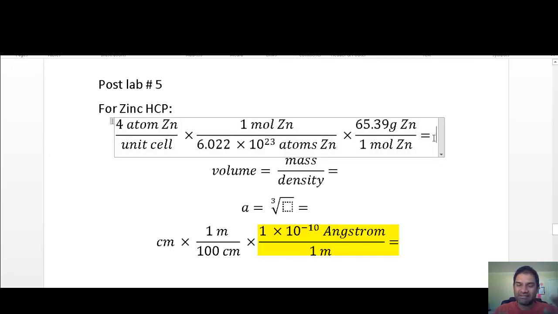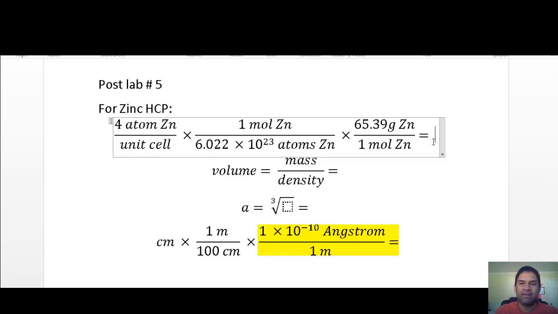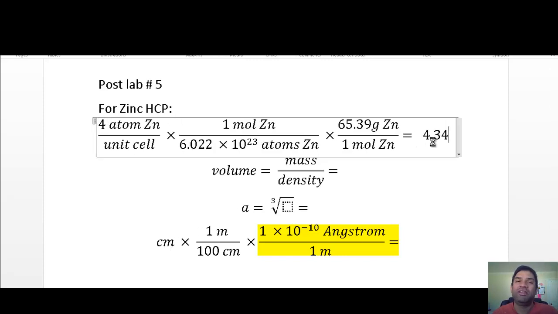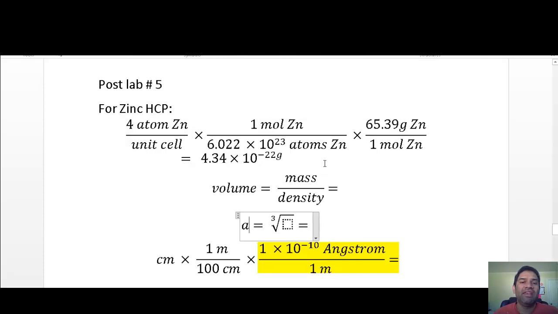So the amount of mass packed inside that unit cell filled with zinc atoms, when I do that on my calculator, I'm getting a value of 4.34 times 10 to the minus 22 grams. All right, so volume, excuse me, is mass over density.